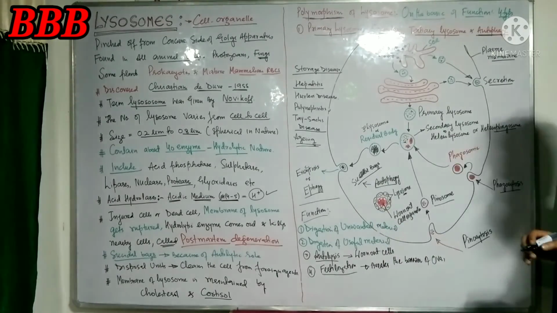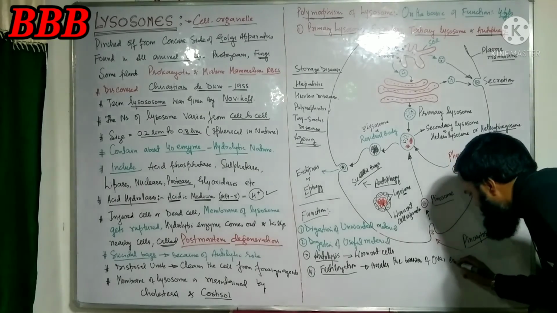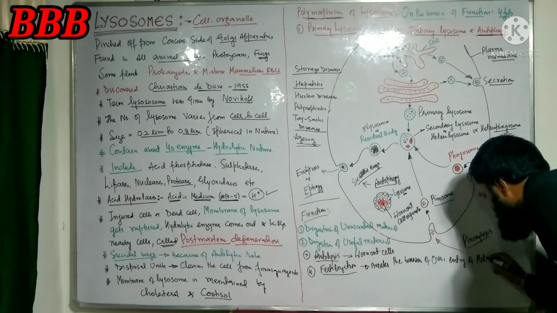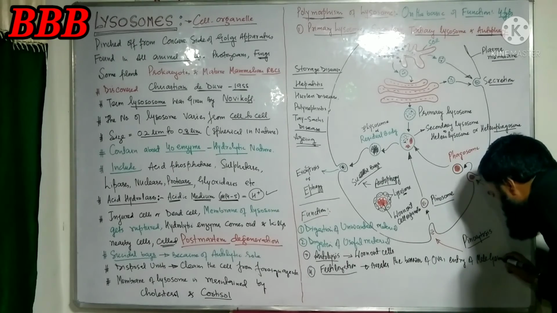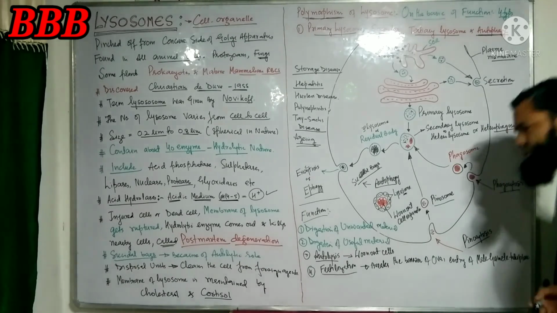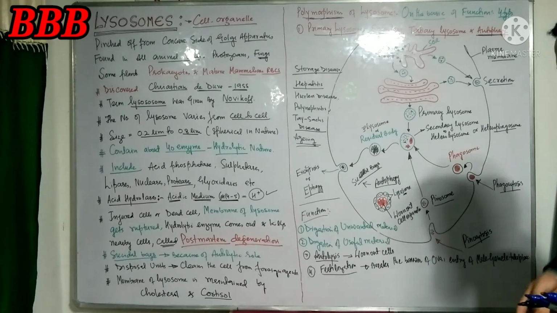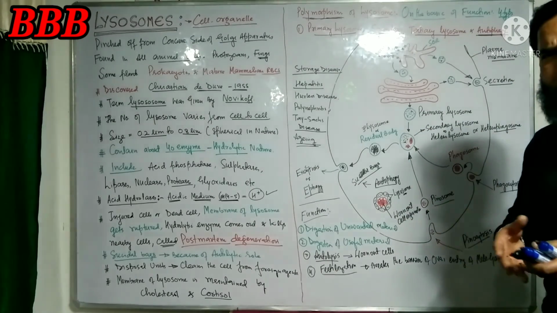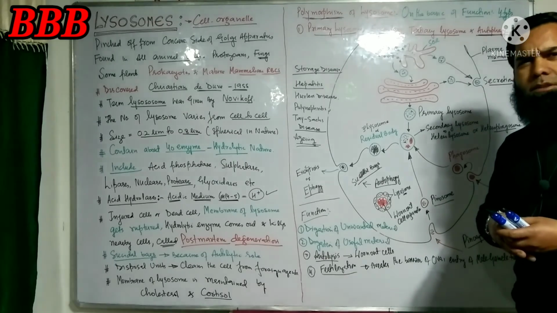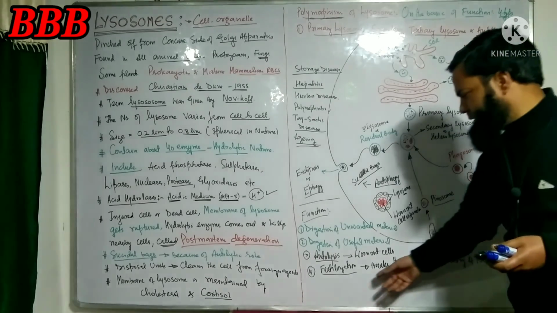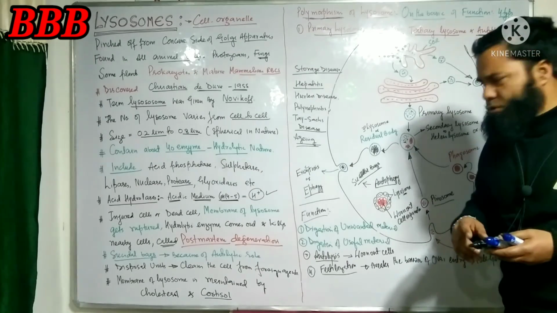Then what happens? Entry of the male gamete takes place. Hence fertilization takes place, zygote formation takes place. It means there is a barrier outside of the egg, or we can say the ovum, that is broken down with the help of the enzymes which are found in the lysosomes.